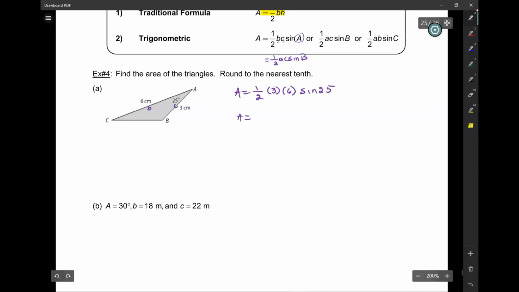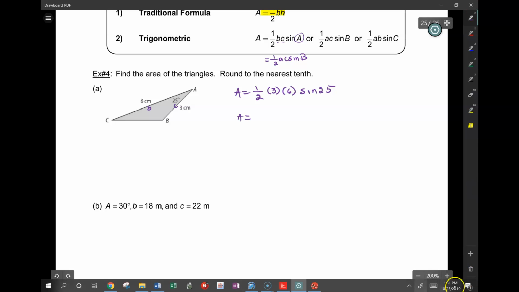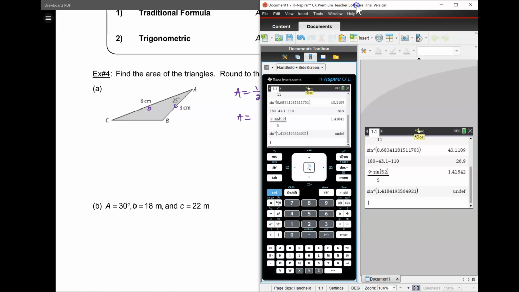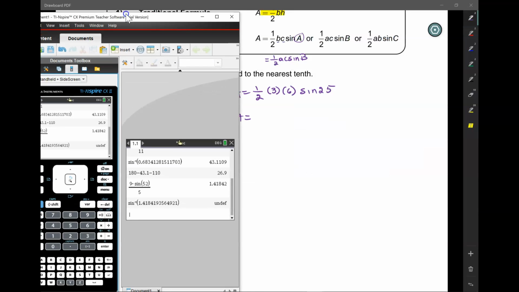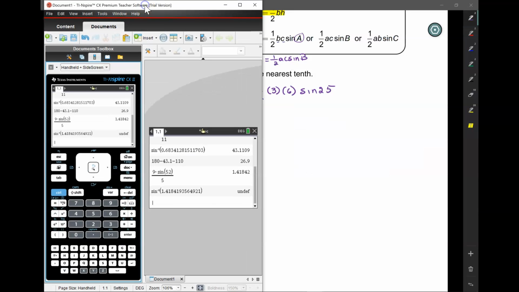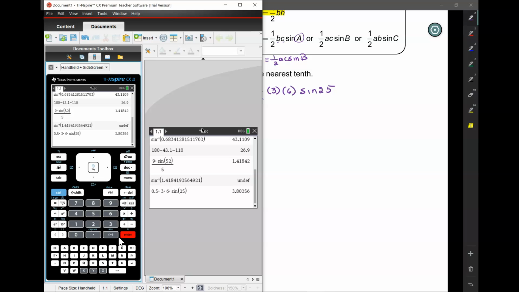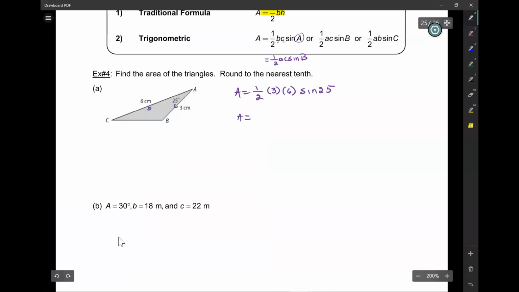Okay? So this is 0.5 times 3 times 6 times sine of 25. 3.8. What are the units? Centimeters squared.